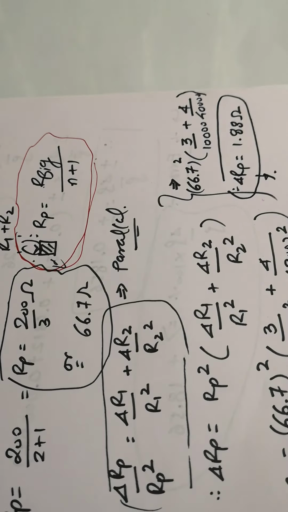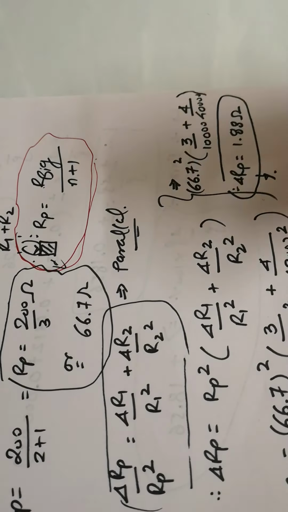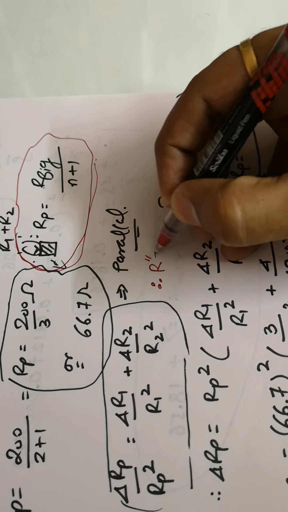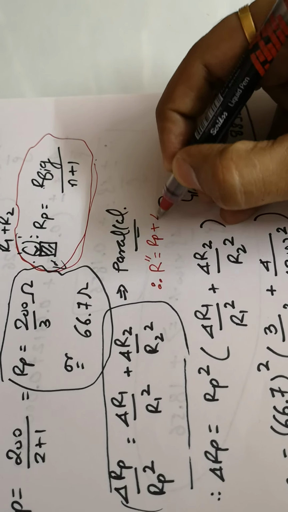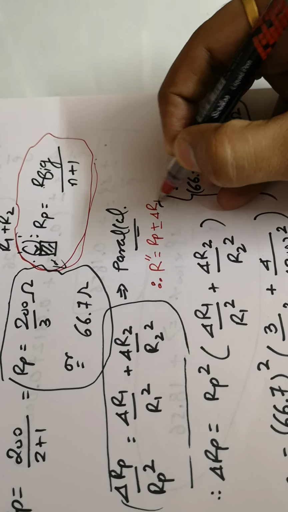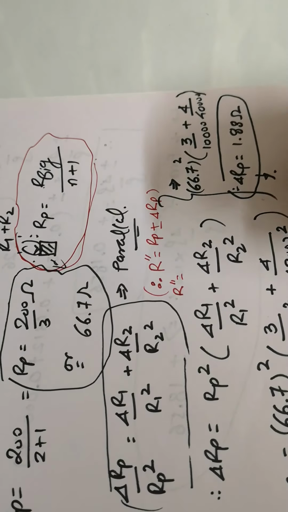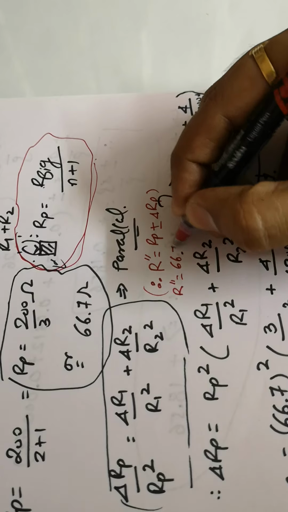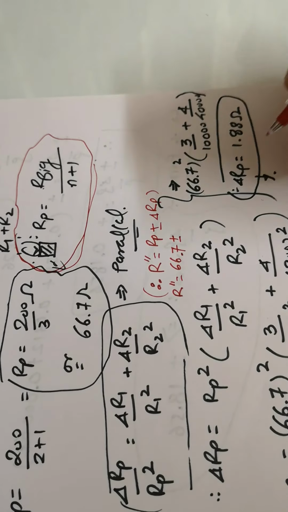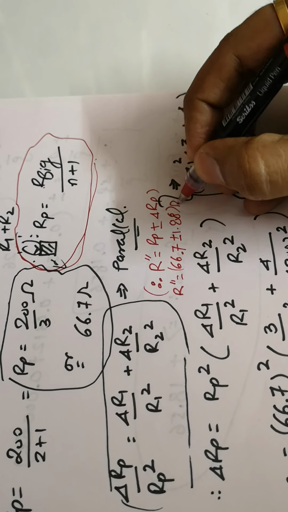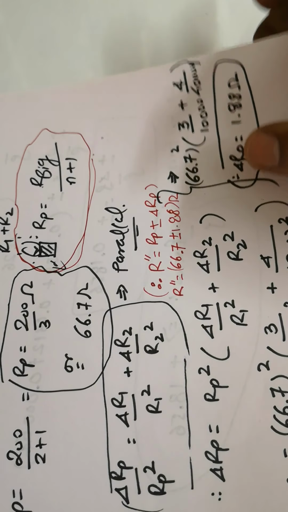Now I want to show it in terms of our standard representation. I am putting that R double dash is equal to R parallel plus or minus delta R of parallel. So R parallel is 66.7 and delta Rp is 1.88 ohms. So these are the classic examples.